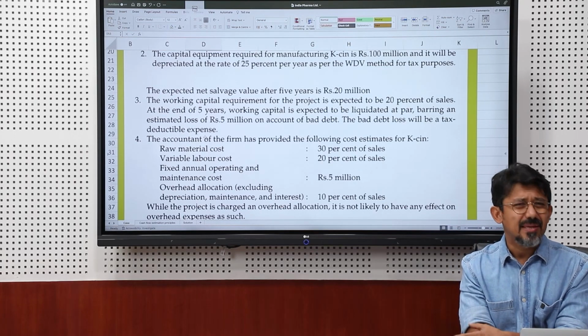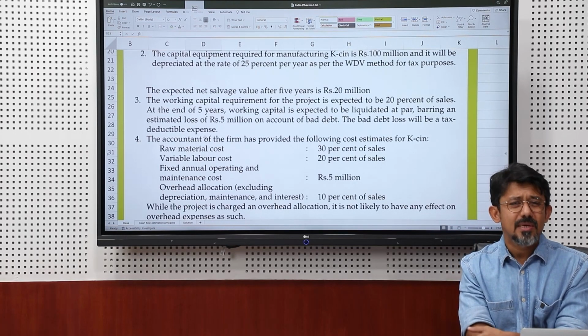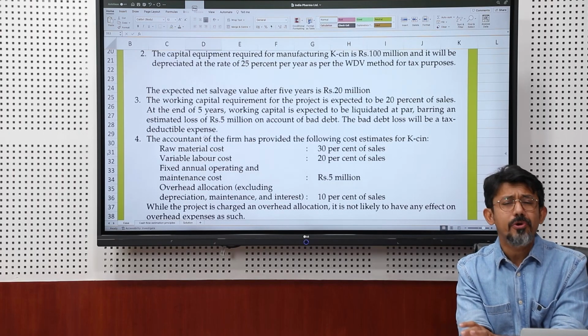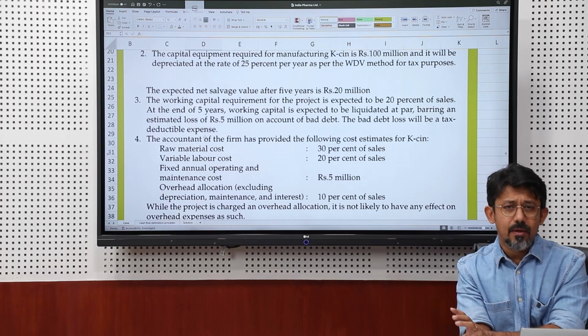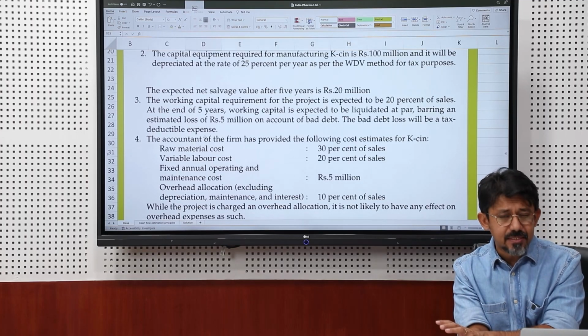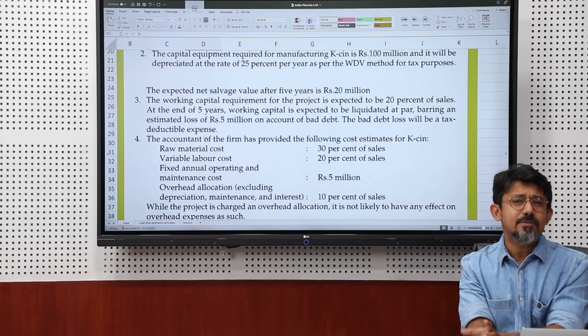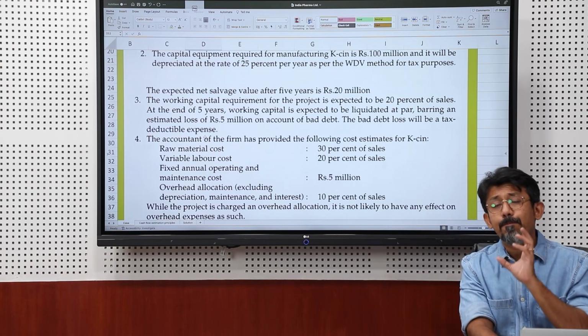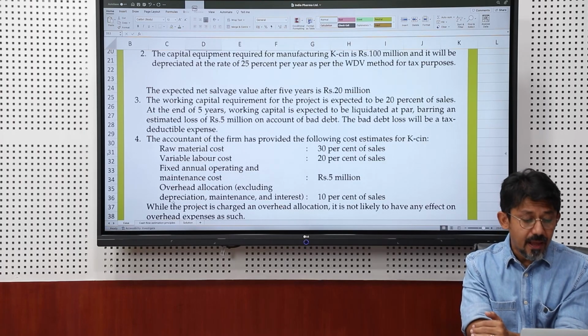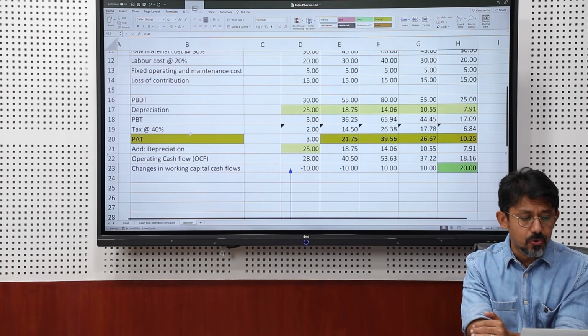That like salary, wages, rent, administrative, all of these expenses will go on to determine my PBT, and my PBT is the amount on which I pay tax. So, if I deduct 5 million as bad debt, in my profit calculation, my tax amount will go down, and that is exactly what I want to do.